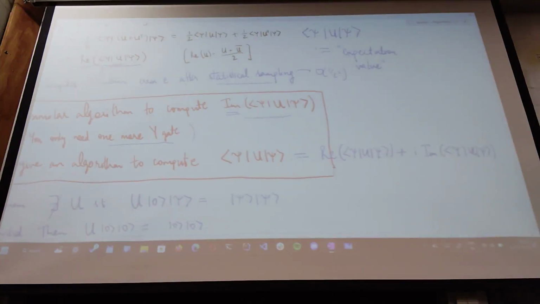And notice that this is a non-destructive way of measuring the expectation value. We did not affect the state psi in an irreversible way. That is to say, we did not conduct any measurements on the state psi.